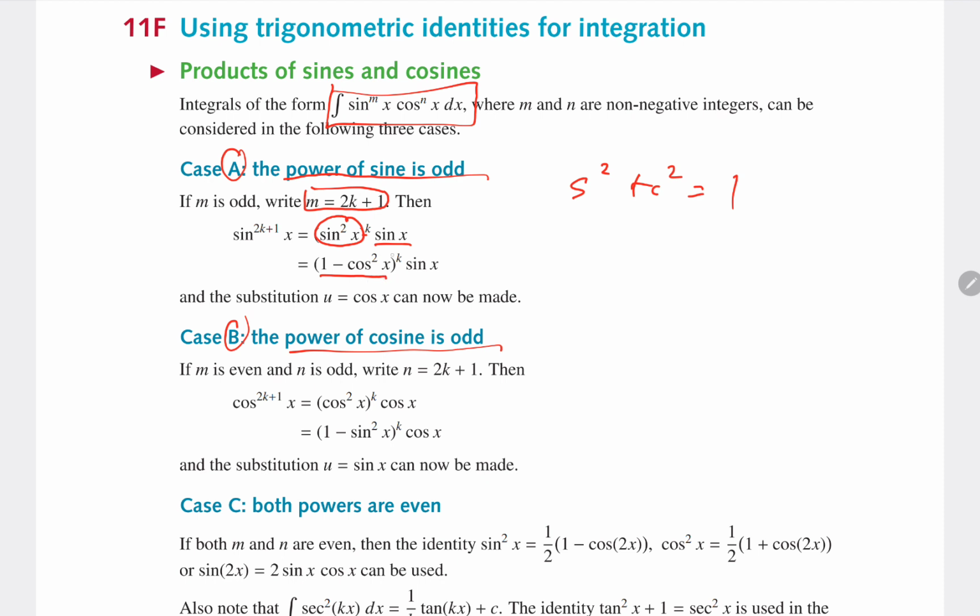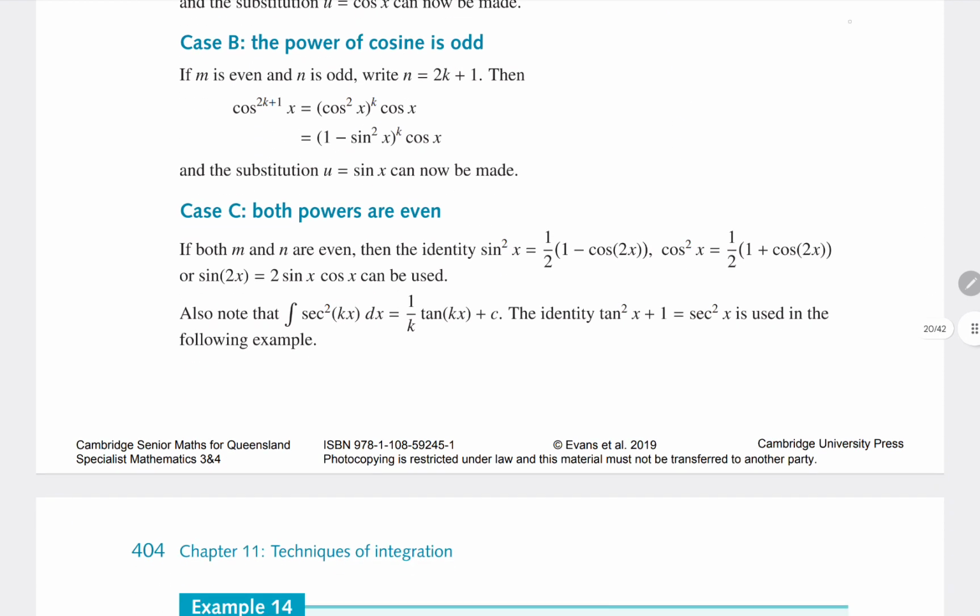Then you can let u equal cos x, because du over dx would be negative sine x, which is what's sitting outside of the brackets. That's the same for when the power of cosine is odd. But when both powers are even, then you use this or this can be used.